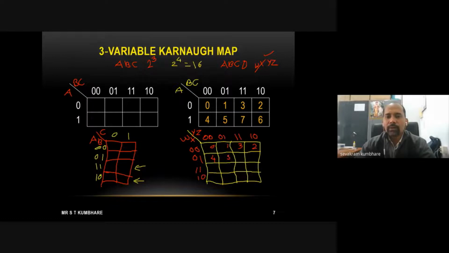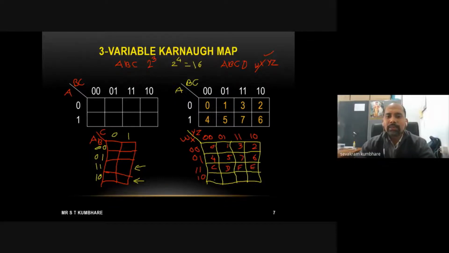So 5. This is 0, 1, 1, 1 means 7. 0, 1, 1, 0 means 6. 1, 1, 0, 0 is C. Okay, 1, 1, 0, 1. This is D. 1, 1, 1, 1. So this is F. And 1, 1, 1, 0. So this is E.